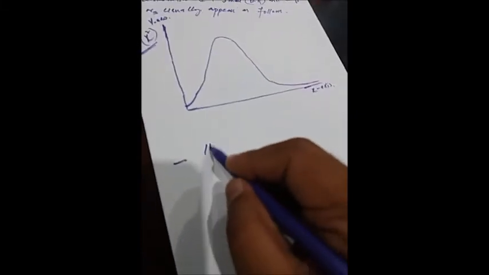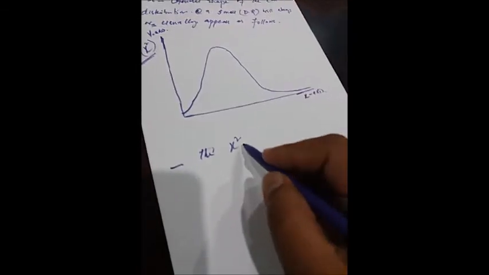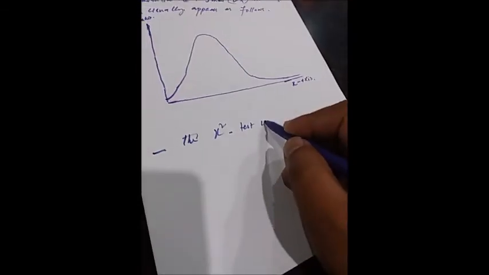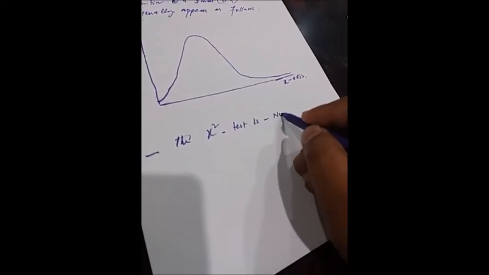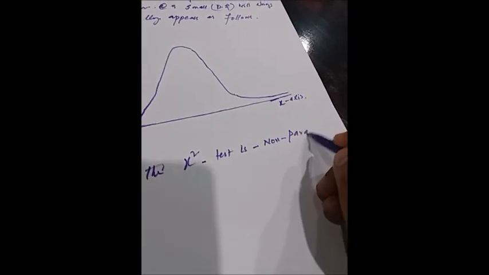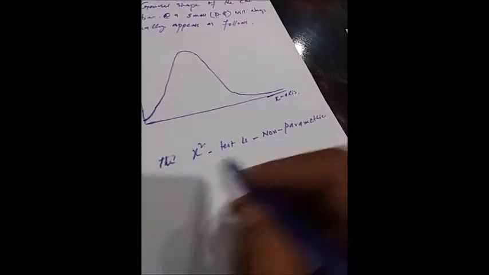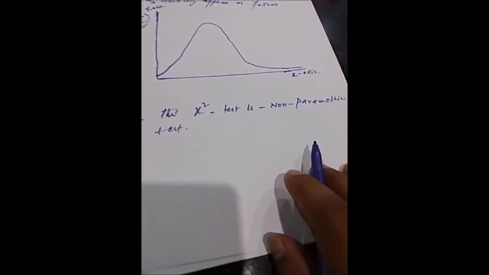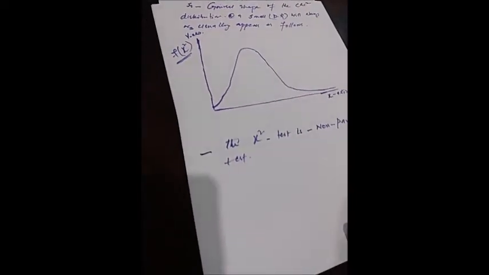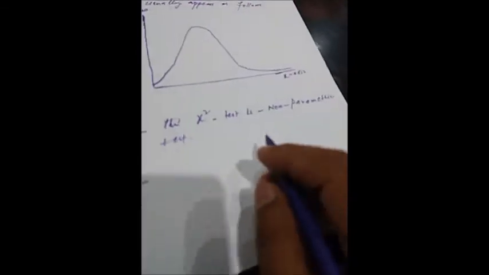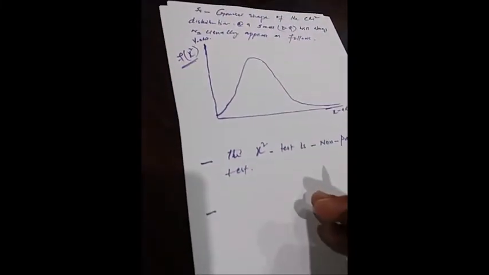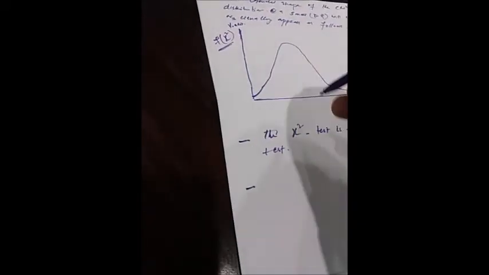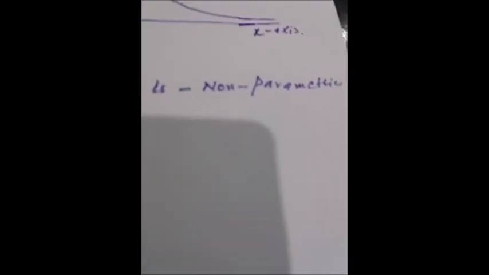Now, the chi-square test is basically a non-parametric test.